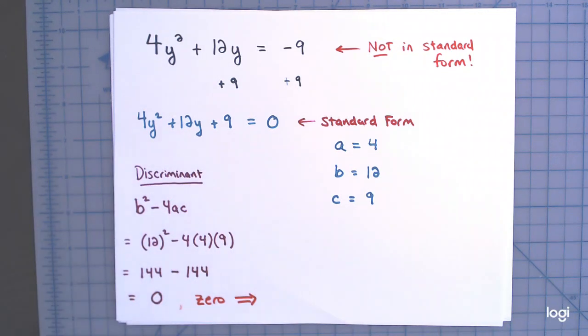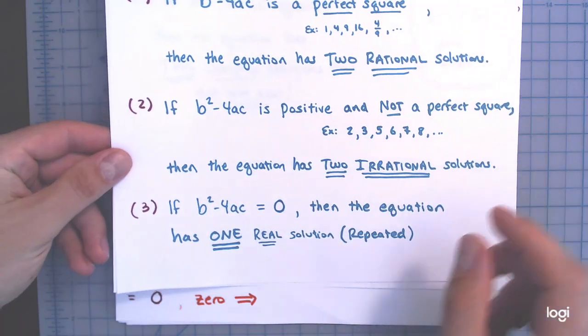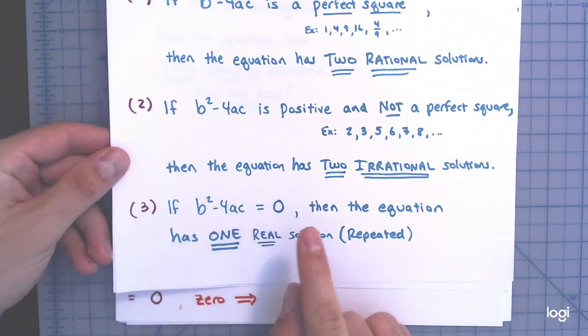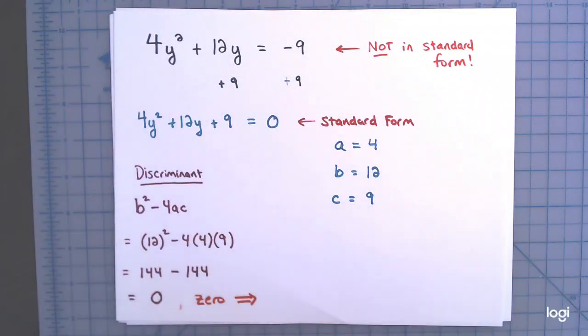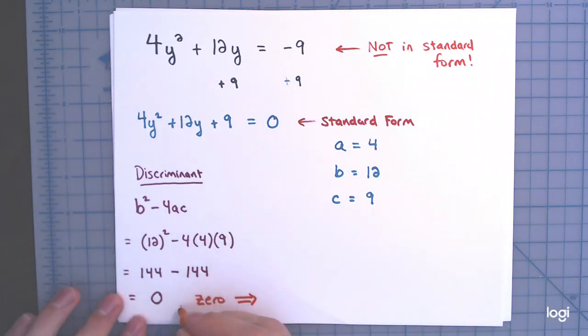And let's see, which case was that? Right, that was case 3 that I wrote up on an earlier page. Right, this one here. If the discriminant is 0, then the equation will have one real solution. Right, one repeated real solution. Basically the same number twice, because you'll be adding 0 and subtracting 0 from that negative b in the numerator of the quadratic formula.